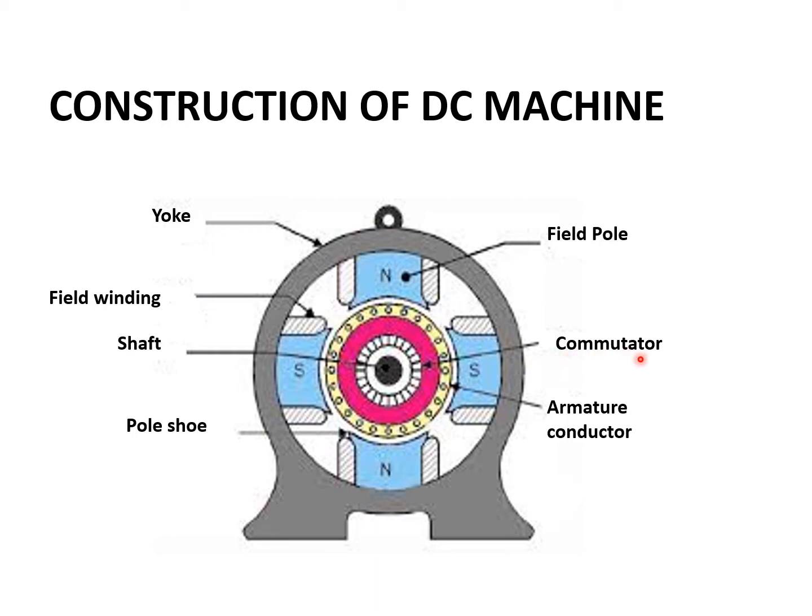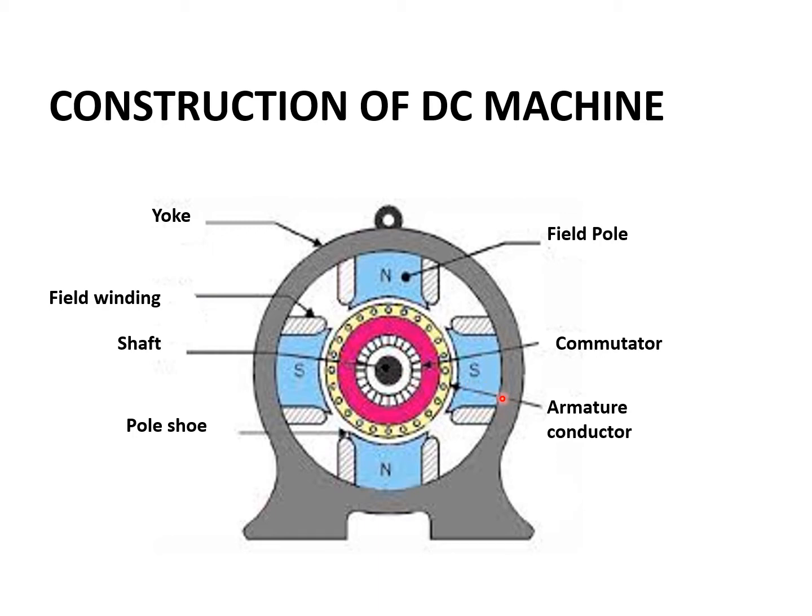The commutator is also fitted on the same shaft, and on the outer periphery of the commutator are the commutator segments. The number of commutator segments is the same as the number of armature conductors, because each commutator segment is connected with each armature conductor.